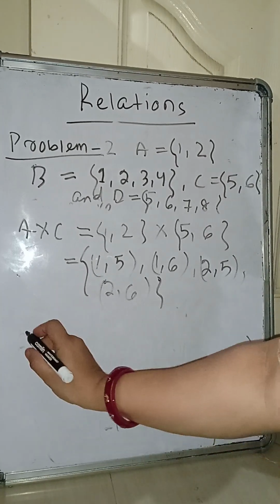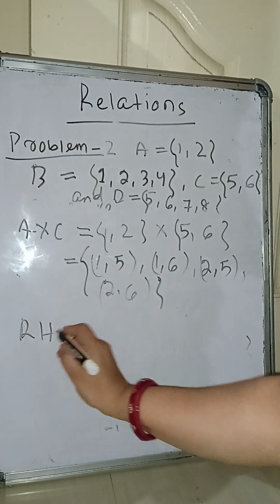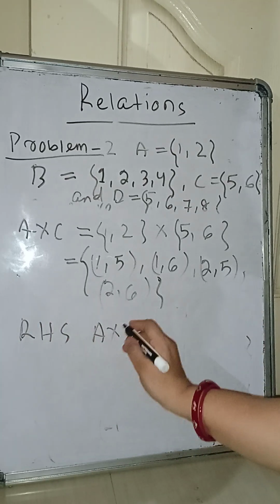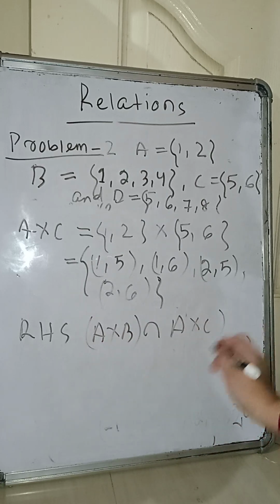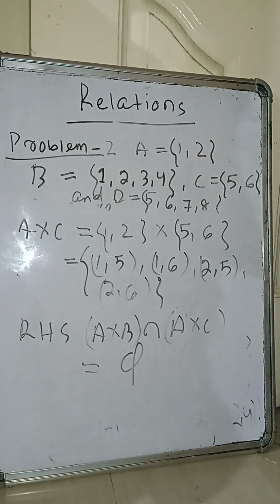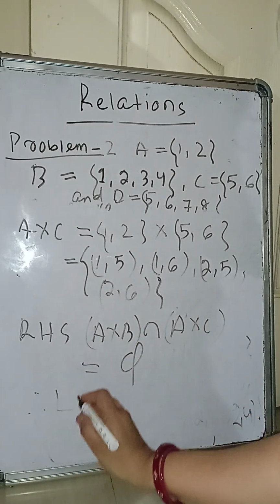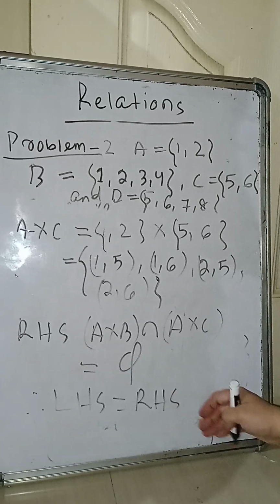Our RHS, the Cartesian product of A with B intersection the Cartesian product of A with C, has no common element between these two sets. Previously we found our LHS is the empty set. Now the RHS is also the empty set. Therefore both are equal. Hence LHS is equal to RHS. Proved.